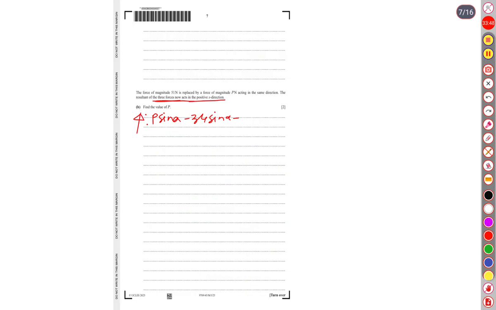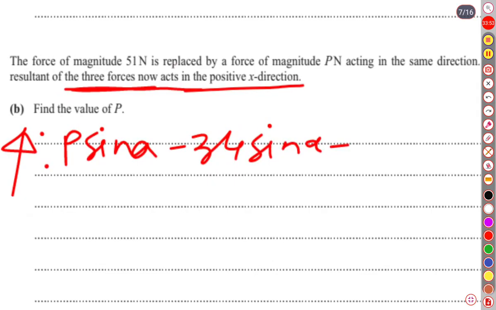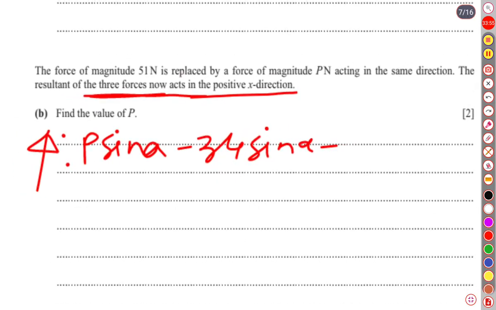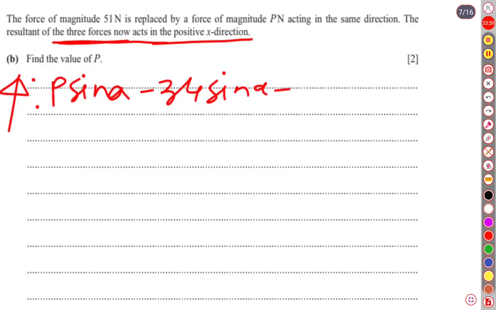Sine (90 minus alpha) is actually cos alpha.